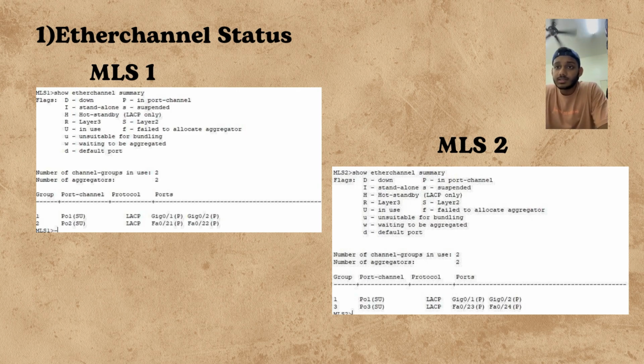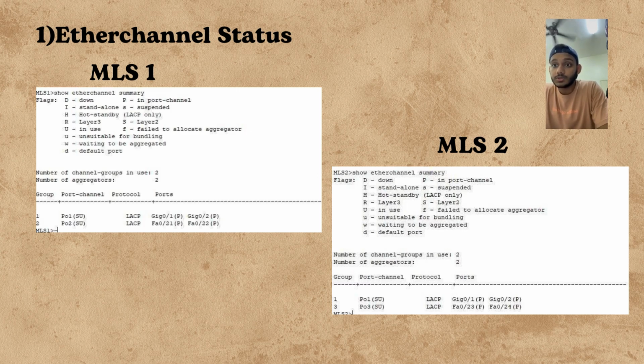EtherChannel status. MLS1, show etherchannel: flags D down, I standalone, H hot standby, R layer 3, U in use, u unsuitable for bundling, w waiting to be aggregated, d default port, P bundled in port-channel, s suspended, S layer 2, f failed to allocate aggregator.